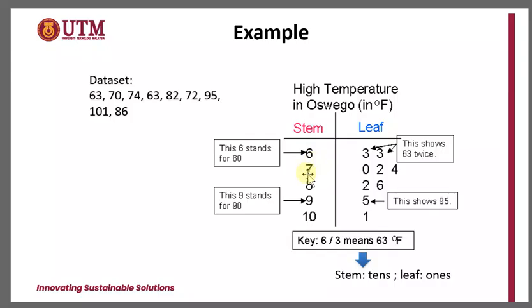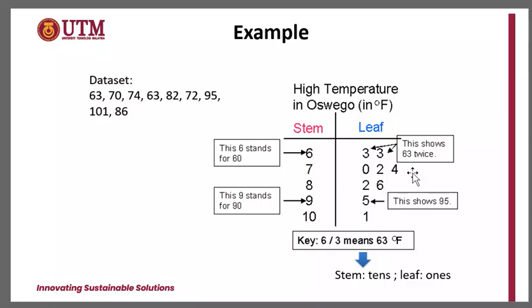For 70, we put 7 here, and the second position will be in the leaf. The first one is 0, so we put 0. From smallest to largest, we put the numbers. After that we have 72, so you put 2 here, and then 74, you put 4 here. That means in the 70s we have the numbers 70, 72, 74.